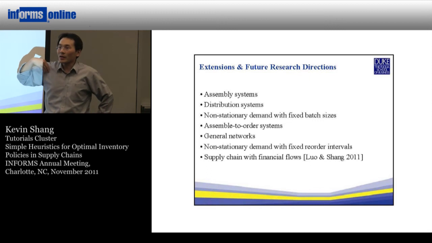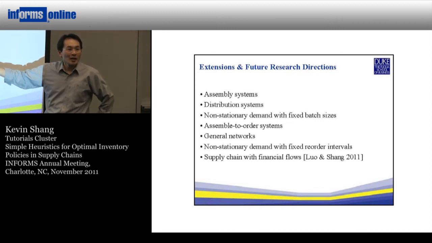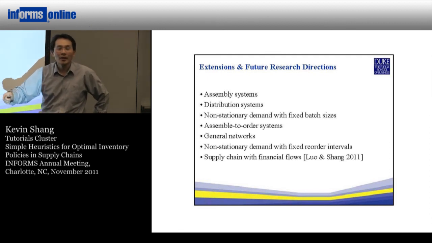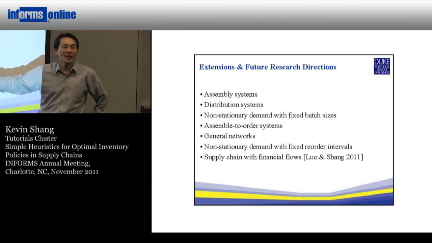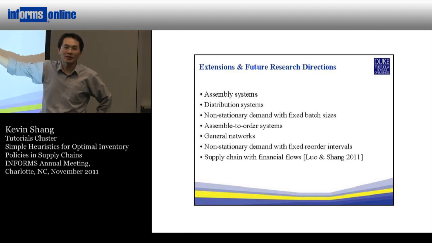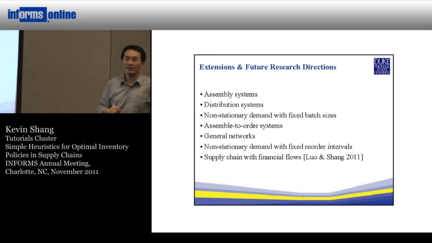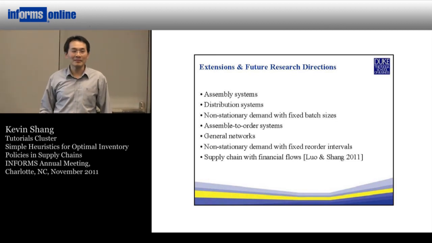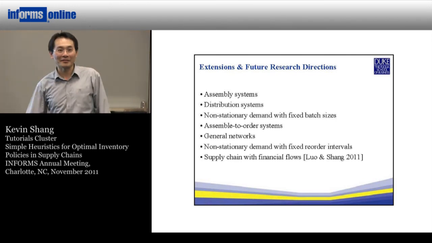As we show, under some financial payment policies, solving this joint decision of inventory replenishment and cash payment can be converted to a multi-echelon system. Obviously, all of the results that I showed you today can be brought to that joint decision problem. So at some level, I achieved some of the objectives that I wanted at the very beginning.